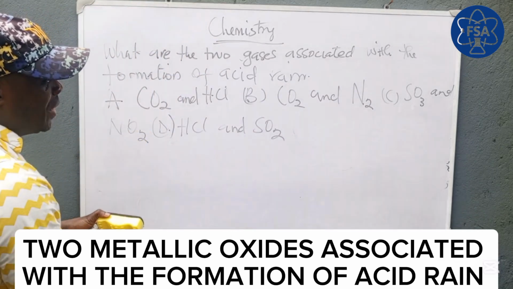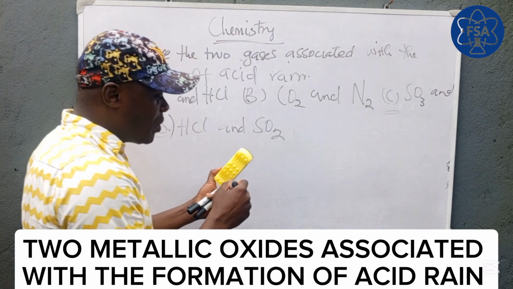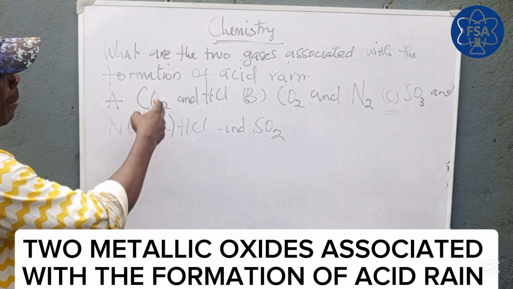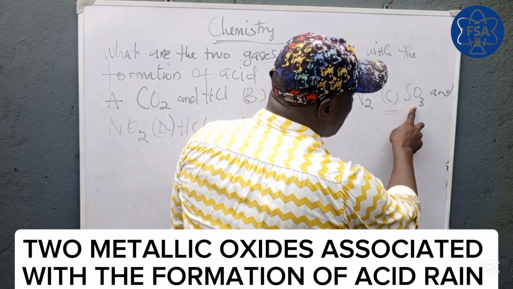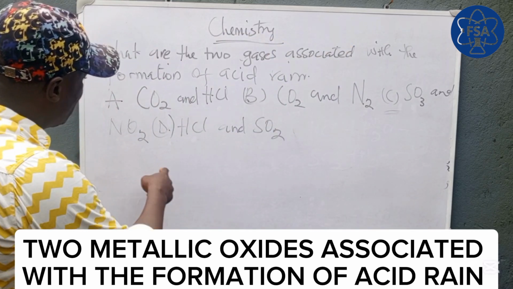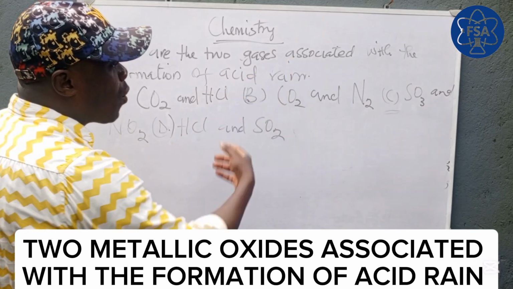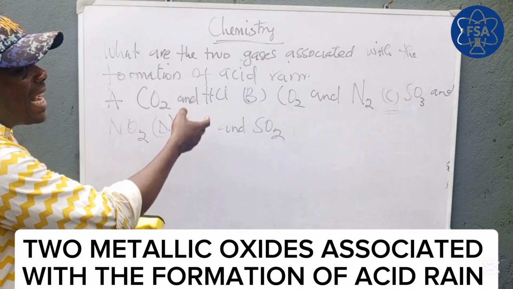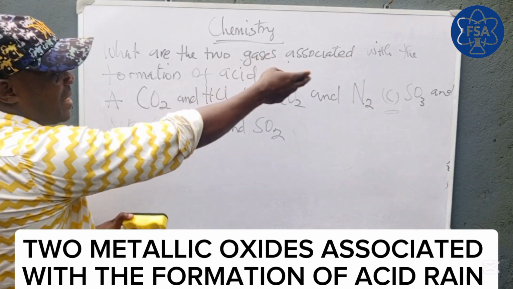But at the end of it, we can see that our number C was able to answer the question, because sulfur trioxide and nitrogen dioxide best answer the question of anhydrides or gases that form acid rain.